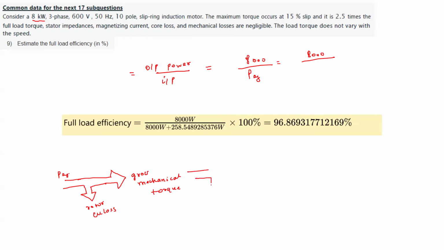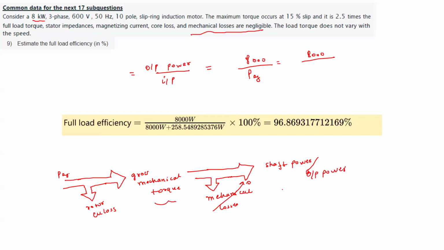From gross mechanical torque, you take out mechanical losses, then you are left with shaft power, or output power. Now you will see that mechanical losses are zero in the question. Mechanical losses are negligible, so this gross mechanical power is equal to output power or shaft power.